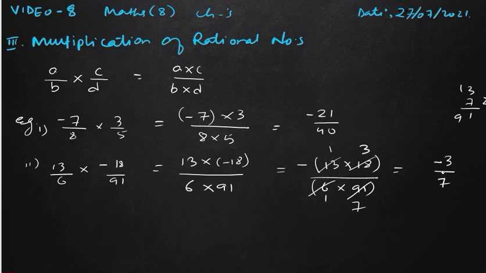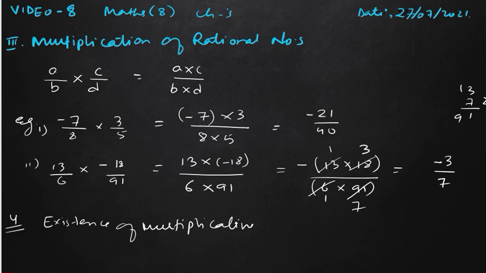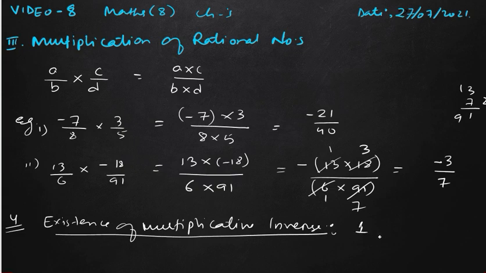Here the important property, the fourth one, I will discuss, that is the existence of multiplicative inverse. You need to remember that 1 is called the multiplicative identity of any rational number.